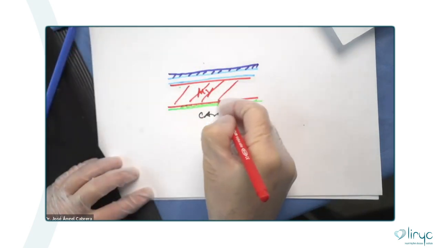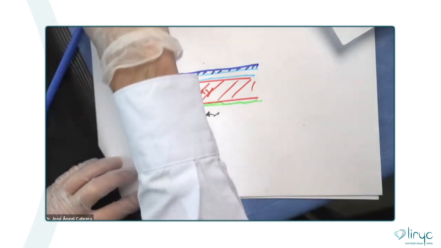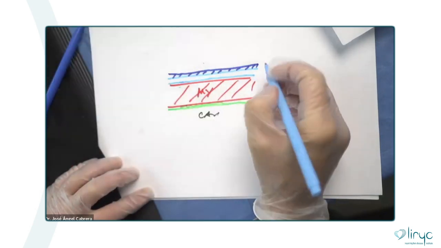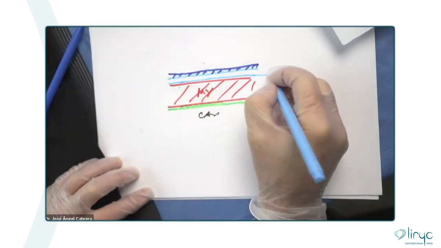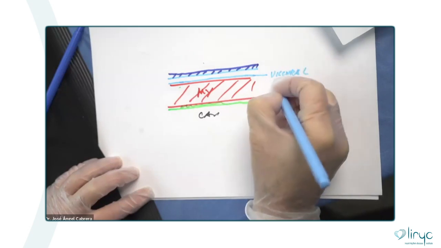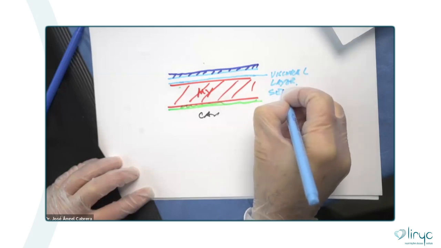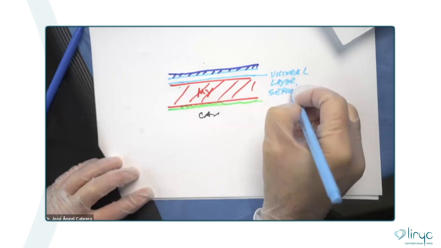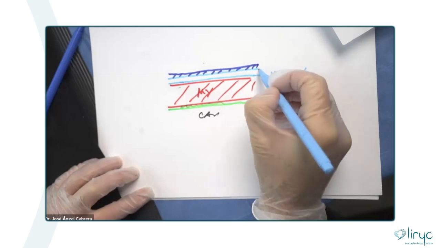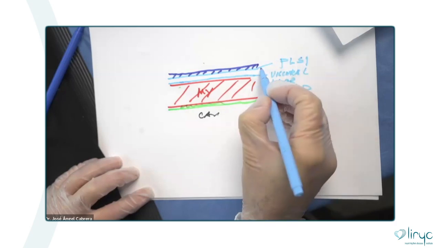Therefore, we have the myocardium, we have the endocardium, and here you can see that this is the visceral layer of the serous pericardium. This is the parietal layer of the serous pericardium.